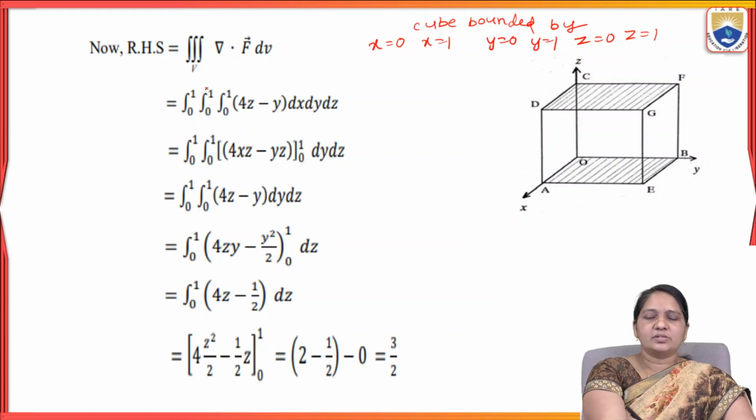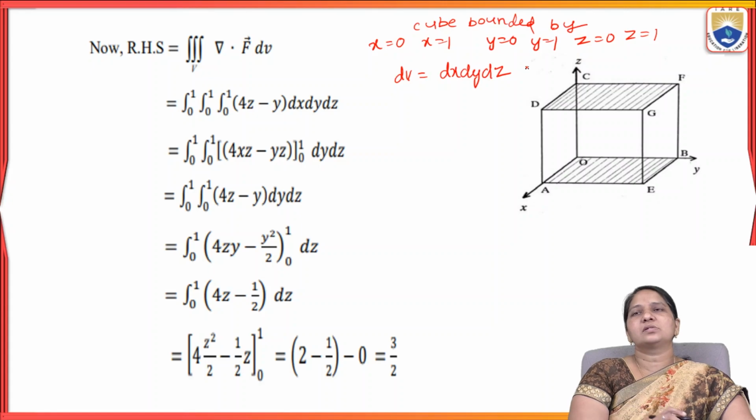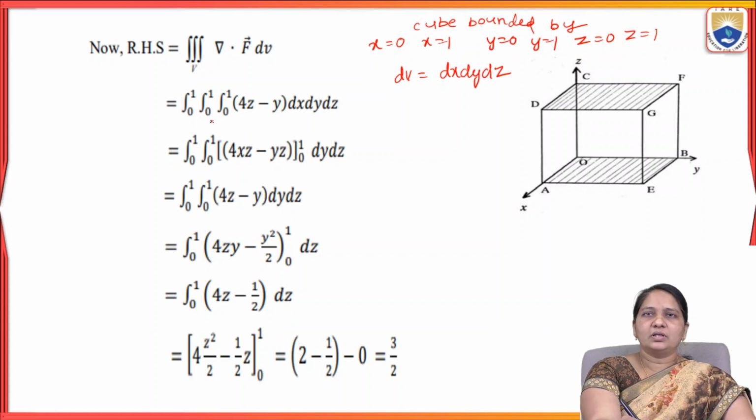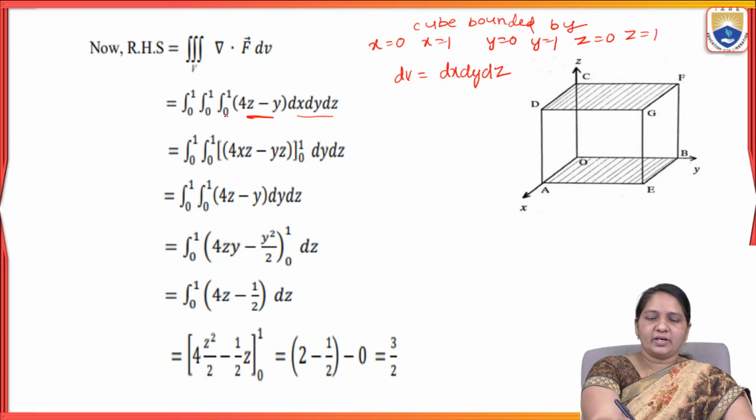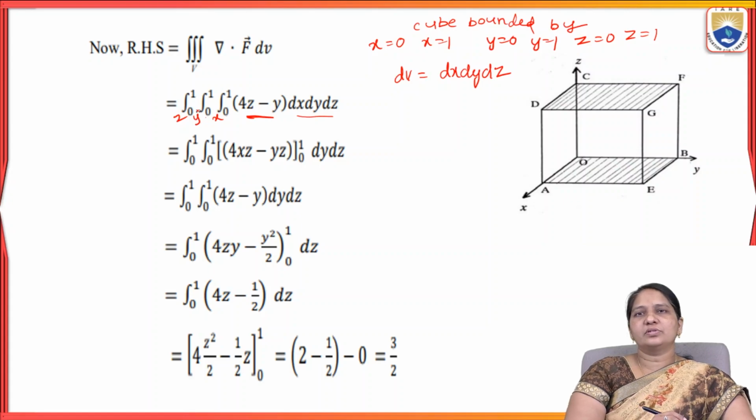We already know dV: dV is dx dy dz. So integral 0 to 1, integral 0 to 1, integral 0 to 1, 4z minus y dx dy dz. The x limits are 0 to 1, y limits are 0 to 1, and z limits are 0 to 1.